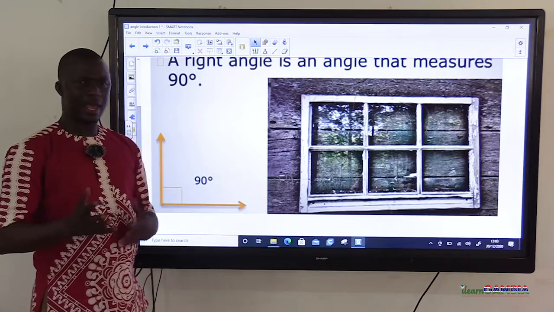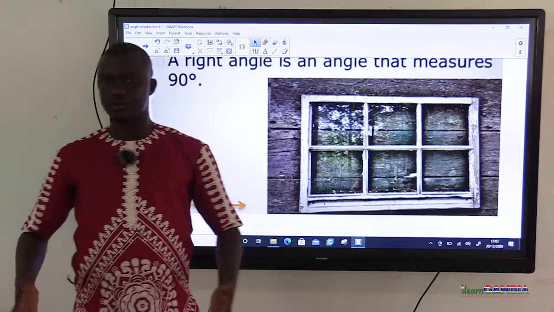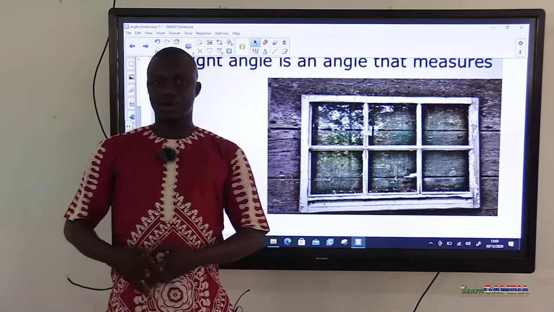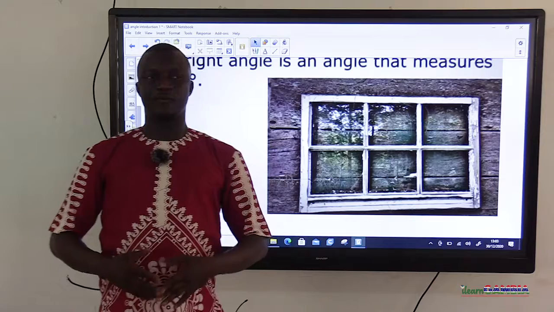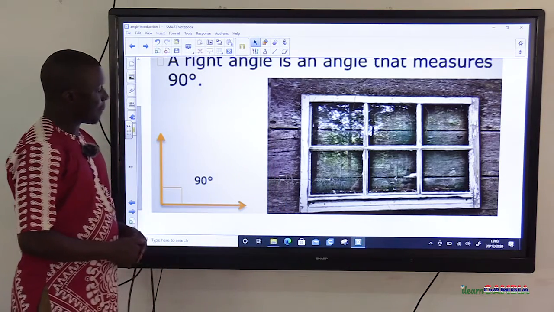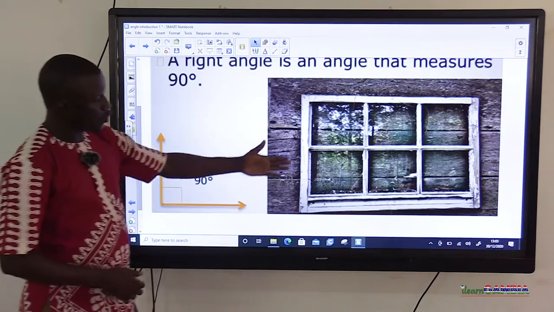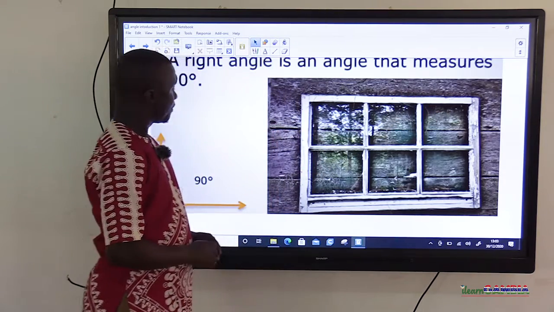And we can find a lot of right angles where we live, whether it's our homes, our classrooms, our playgrounds, our daily lives, wherever we interact, wherever we move, we can give various examples of 90 degrees. A typical example is shown here. This is a window frame, okay?